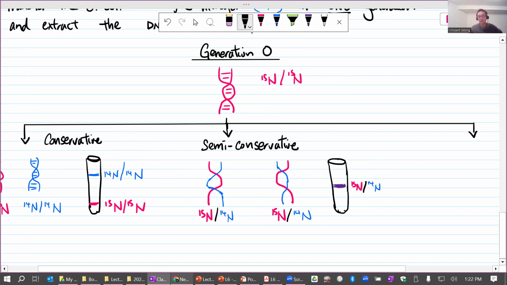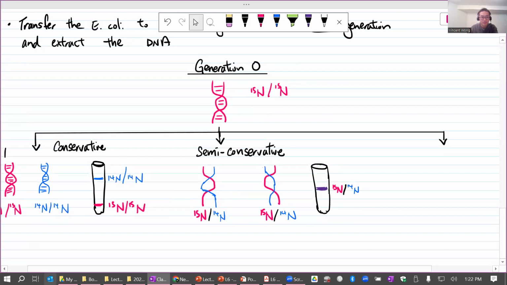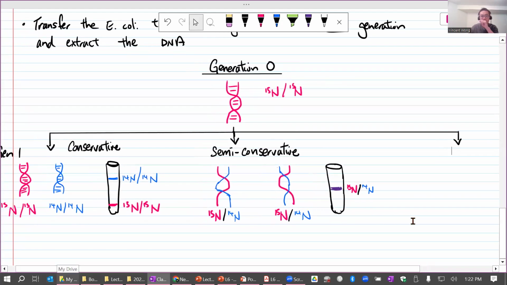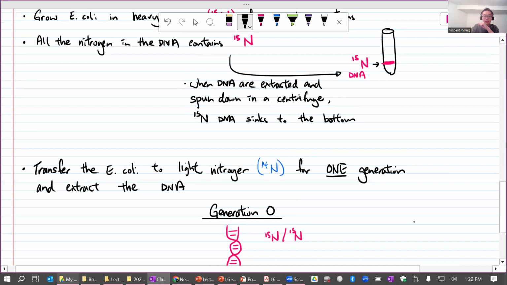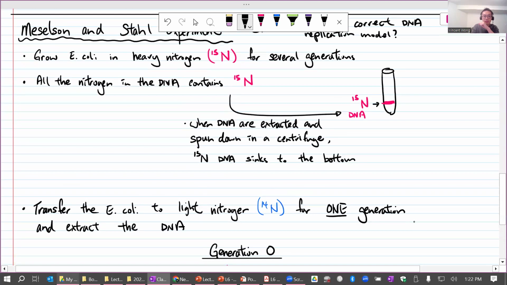Excuse me. Jane, go ahead. I can't understand where the 14 nitrogen comes from. You don't understand where the N14 comes from? Because generation 0 doesn't have N14. Okay, so generation 0 has only N15.